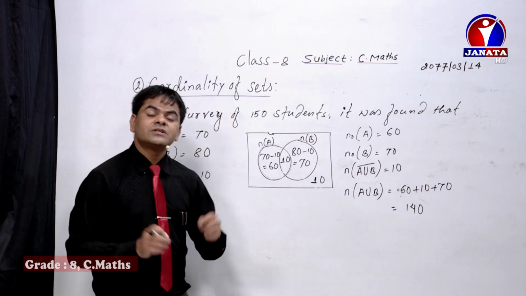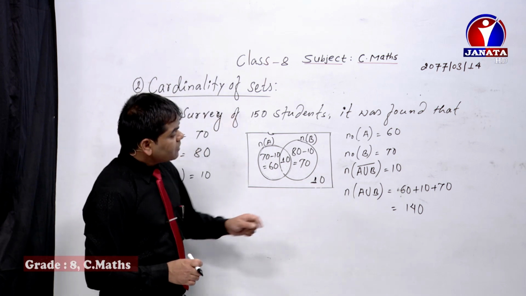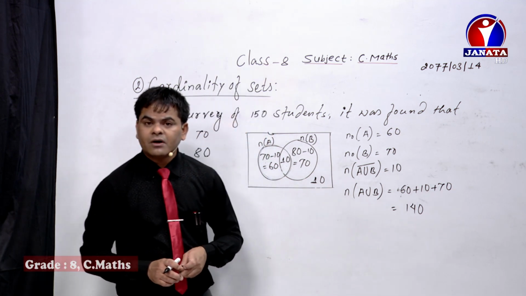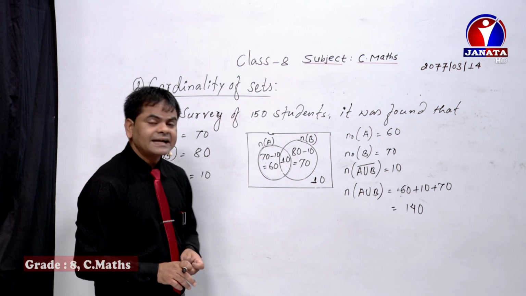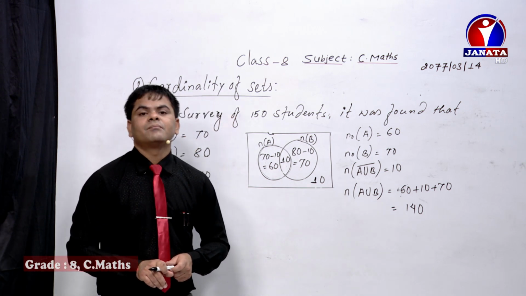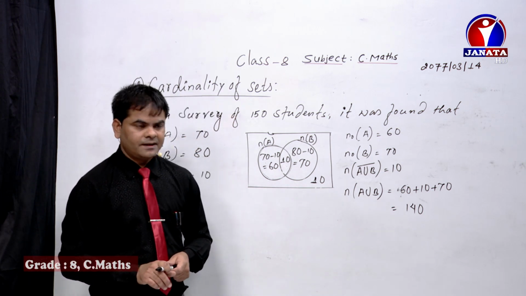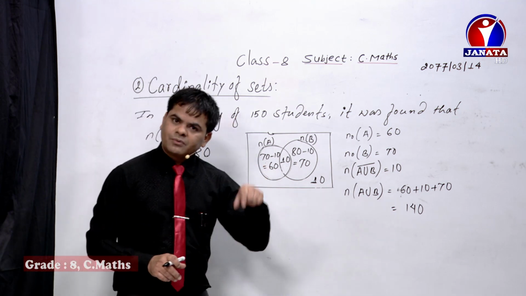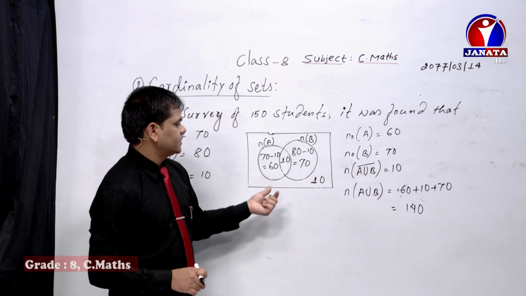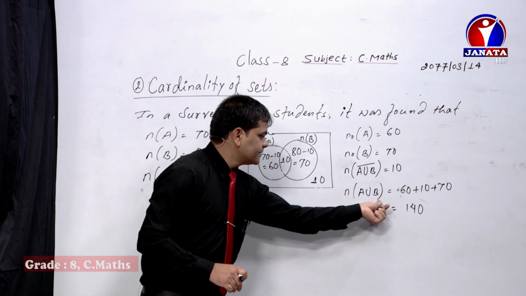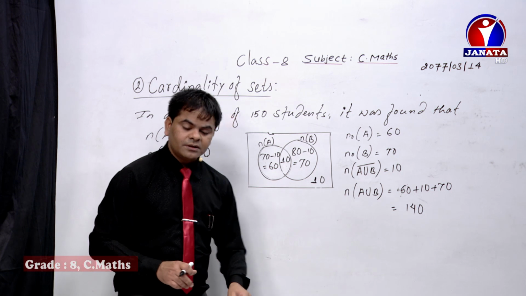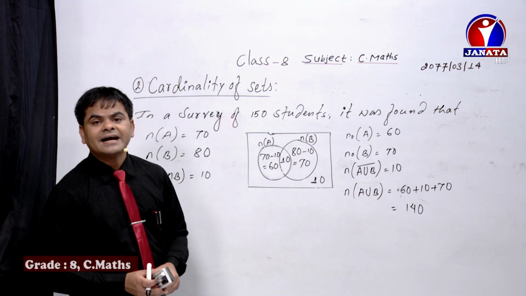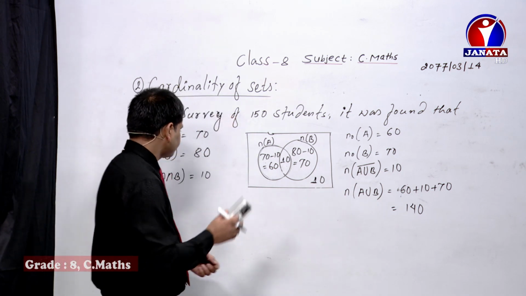That means in logical words, we say there are 140 people or 140 students who like either apple or banana or both. Then in symbolic form we write this. In this way we do the problem regarding cardinality of sets.